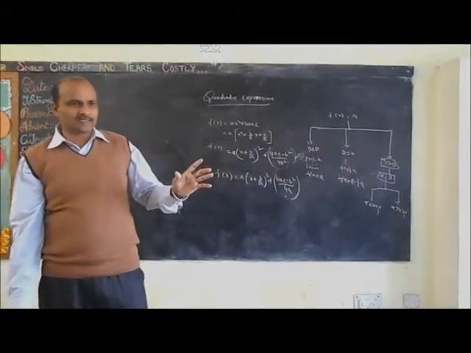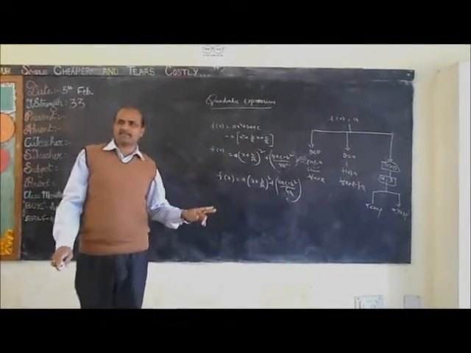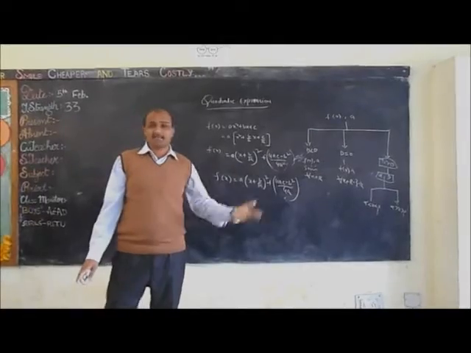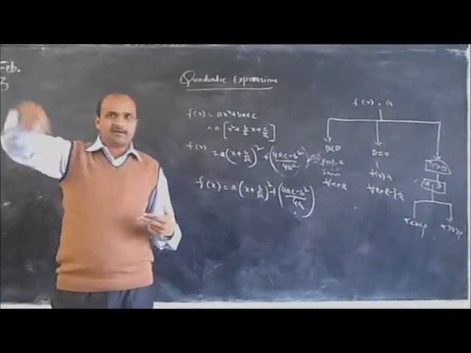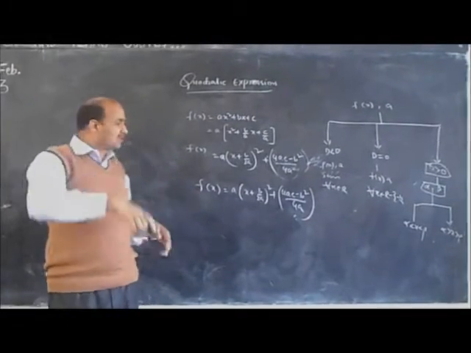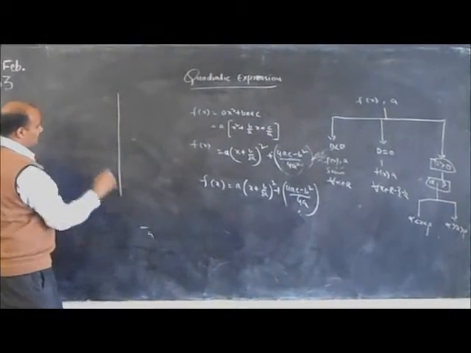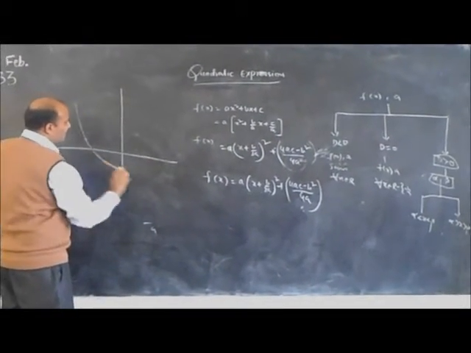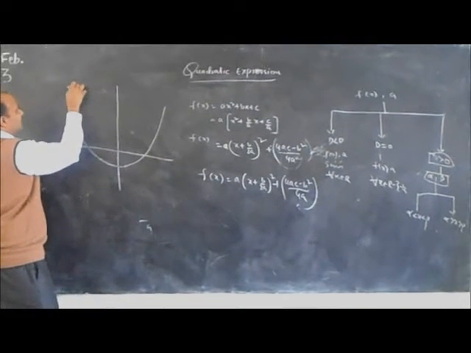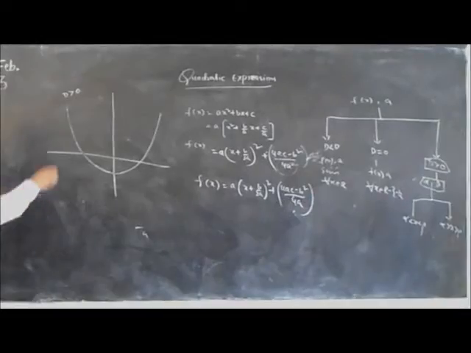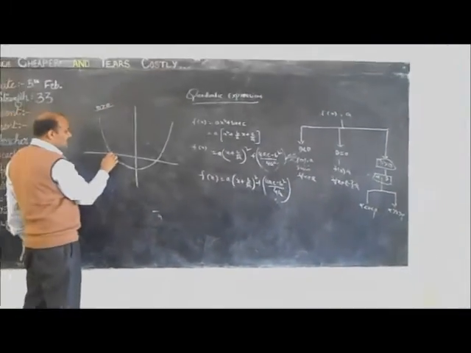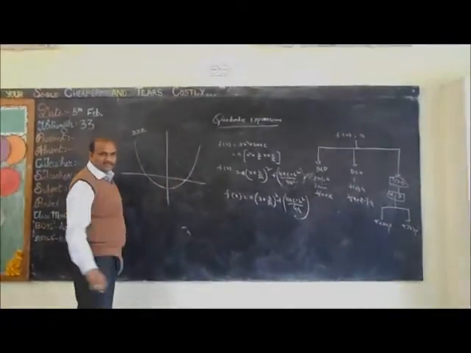Consider y is equal to x square, y is equal to mx square, and y is equal to minus mx square. Y is equal to mx square means the graph is a parabola. That means the parabola should be like this. So this is the case when D is greater than 0, and it is intersecting at two distinct points.